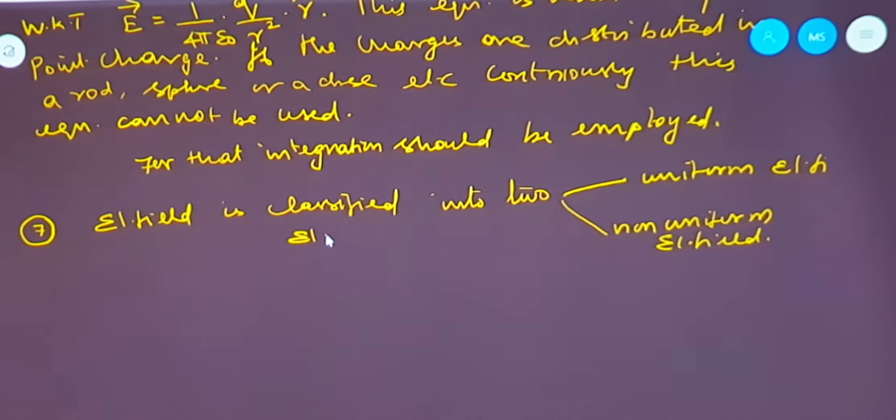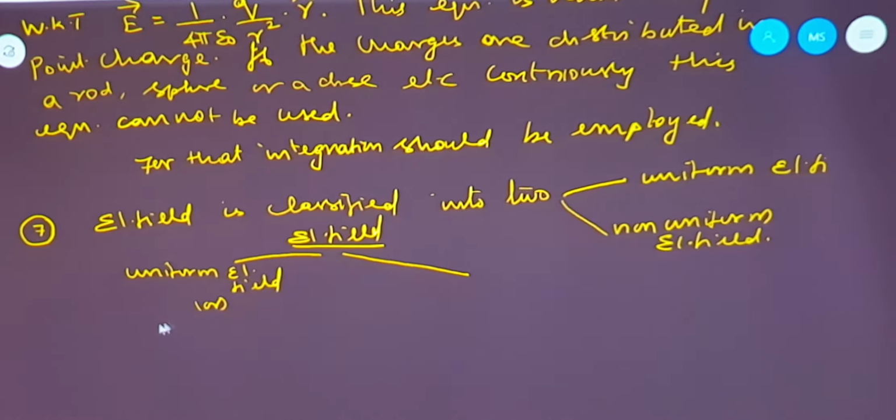If you are considering electrical field, this electrical field is classified into two types. One is what we are calling uniform electrical field, or this can be considered as a constant electrical field.